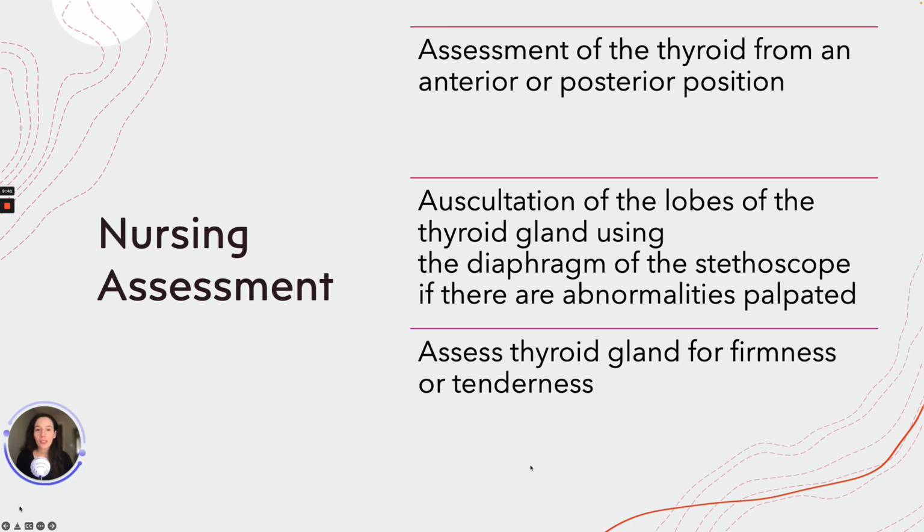So our nursing assessment should include assessment of the thyroid from an anterior and posterior positioning, auscultations of the lobes of the thyroid gland using the diaphragm of the stethoscope to see if there are abnormalities palpated. Assess thyroid gland for firmness, which you'll see in Hashimoto's, or tenderness, which you'll see in thyroiditis.